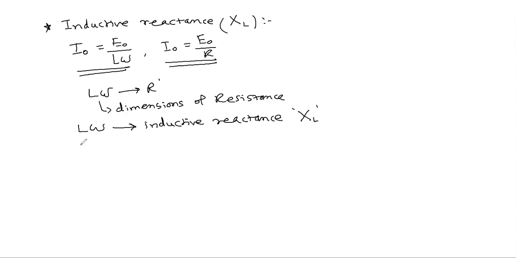What is inductive reactance? Students, whenever a new word comes in front of you, like resistance, resistance of the resistor, it means what is the property of the resistance: resistance is nothing but the opposition to the flow of current. What is resistance?